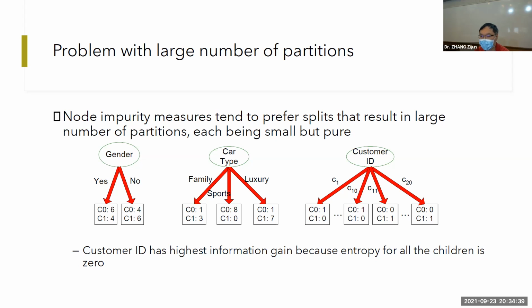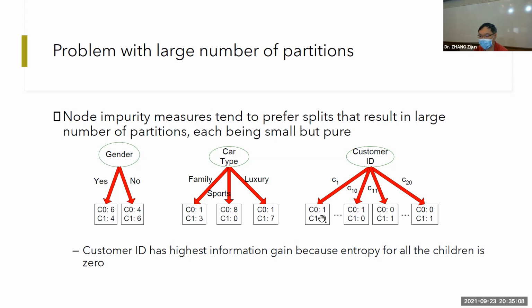So node impurity measures tend to prefer splits that result in a large number of partitions, each being small but pure. The customer ID has the highest information gain because the entropy for all the children is 0. So if you use entropy as a measure of impurity to grow the tree, then the customer ID could be a nice choice because the entropy at each of the nodes is equal to 0.